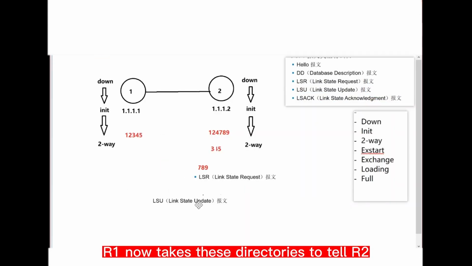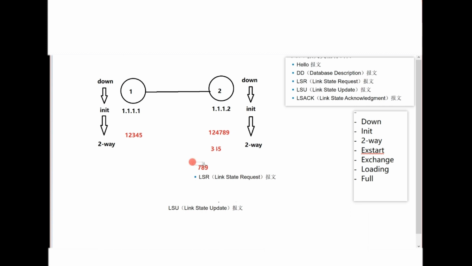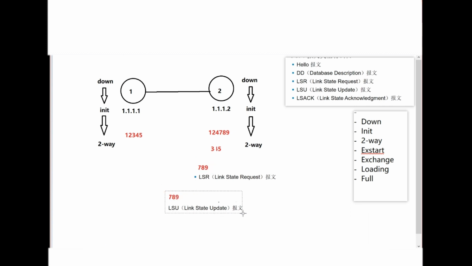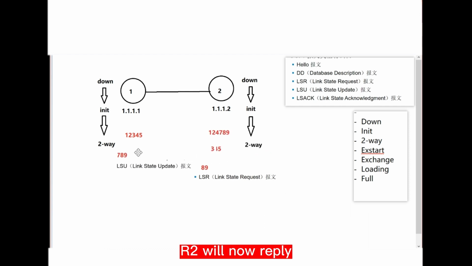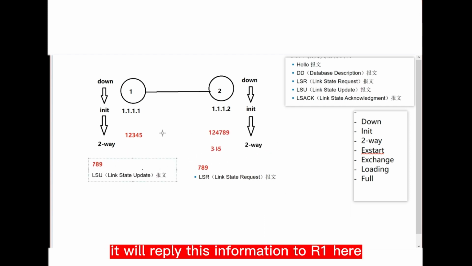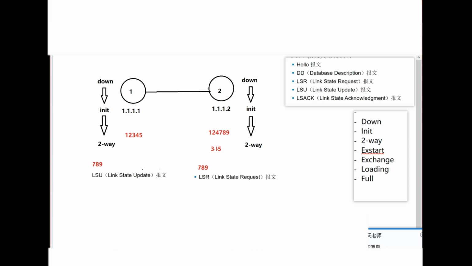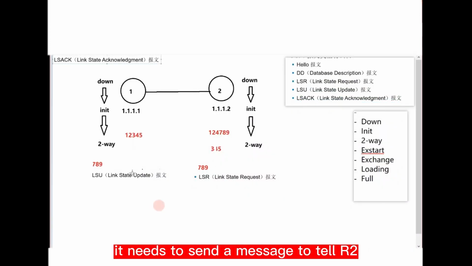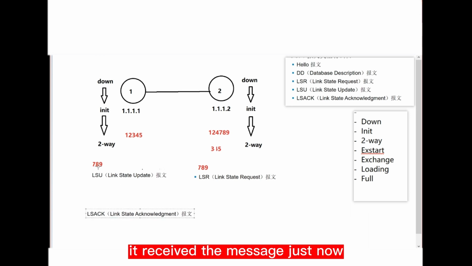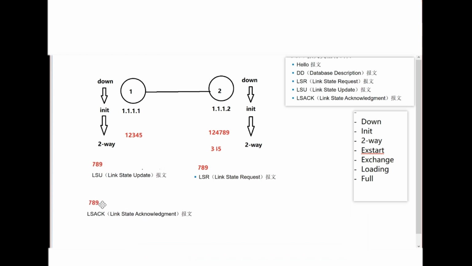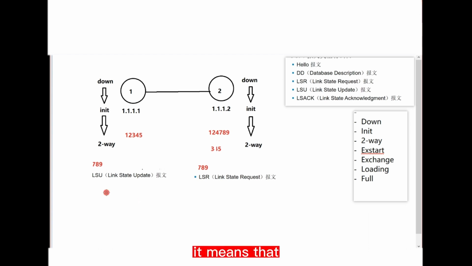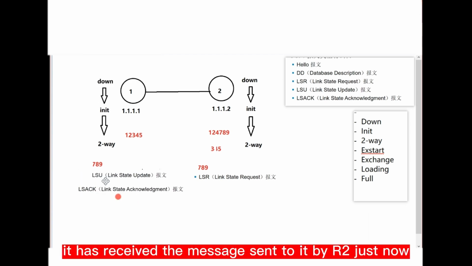R1 now takes these directories to tell R2, then R2 should send the detailed LSAs to R1. R2 will now reply with this information to R1. When R1 receives it, it needs to send a message to tell R2 it received the message just now. It will send an LSAck to R2 at this time. It means that it has received the message sent to it by R2 just now.